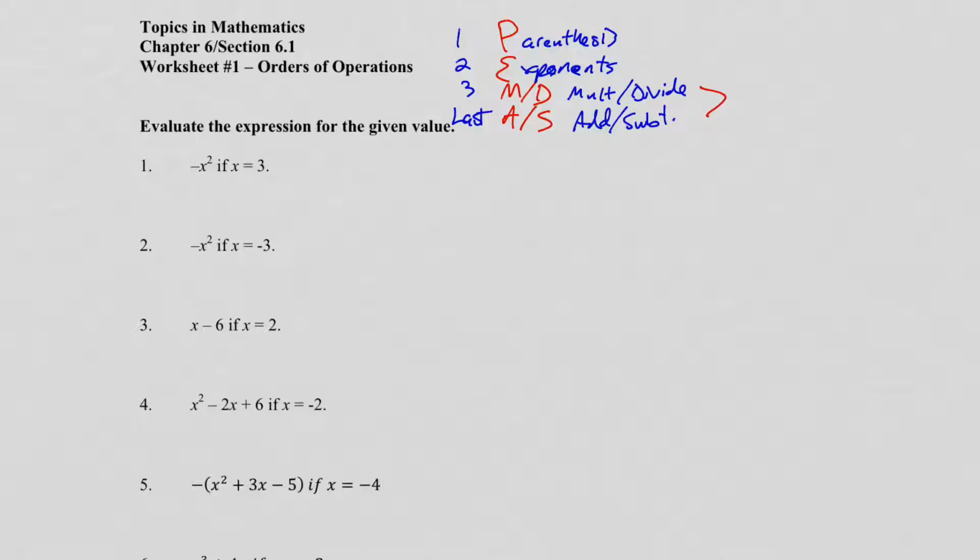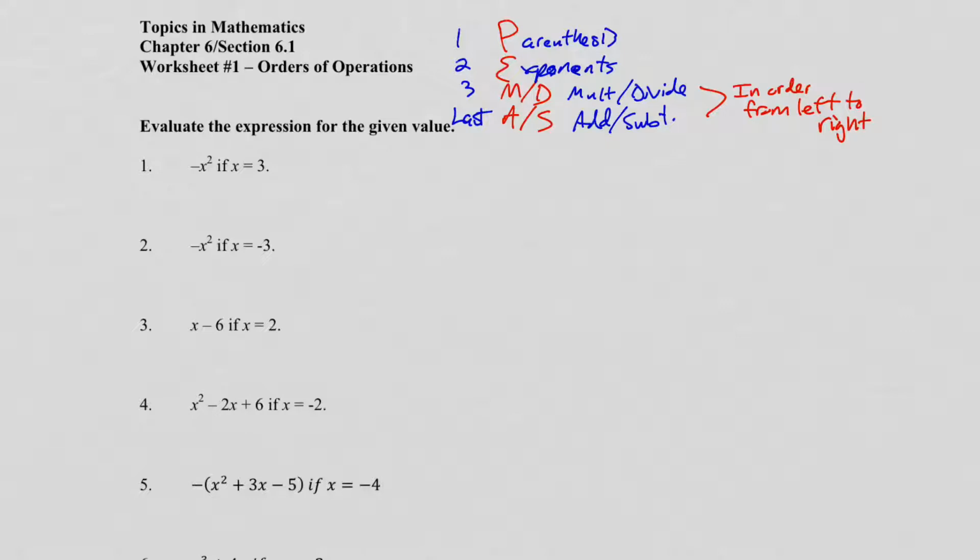So you're going to do both of these in order from left to right. Okay? So that's just a quick reminder.